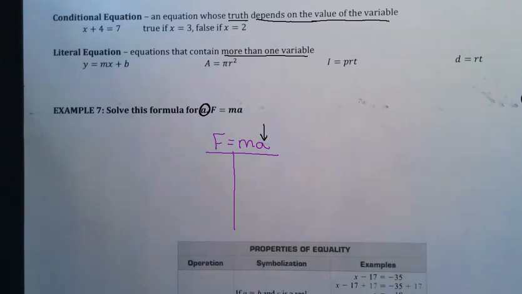What operation is happening between M and A? It is multiplication, M times A. We need to do the inverse of multiplication, which is division. So we're going to divide by M on both sides.